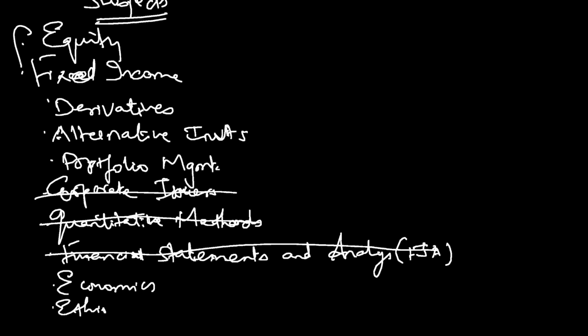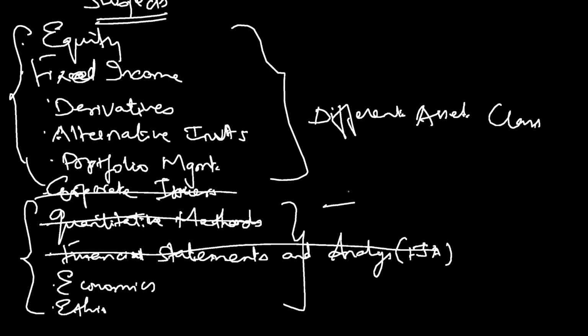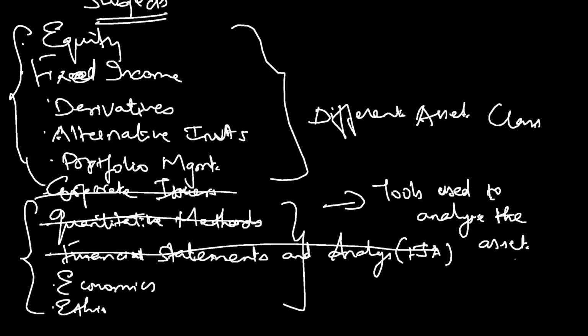Initially, these subjects are about learning different asset classes, whereas these other parts are all about the tools used to analyze the asset classes. Okay, so these are the subjects.